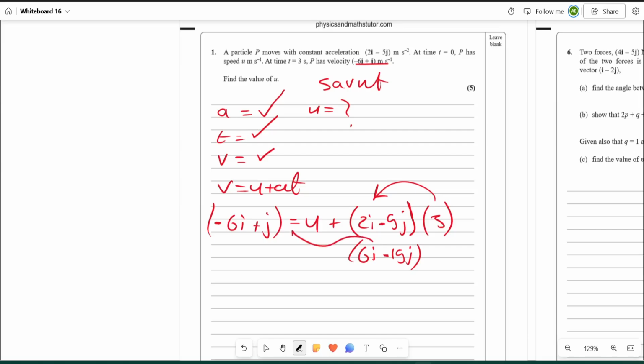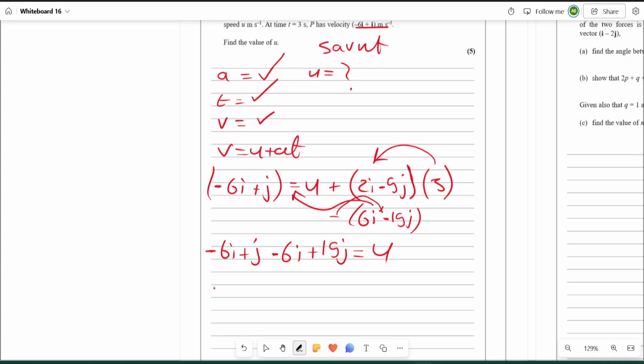I'm going to move it to the other side, so it's going to be minus 6i plus j. I move it over, so it becomes minus: minus 6i, and then minus times minus is going to be plus 15j. That's going to give me my vector u. So minus 6 minus 6 is minus 12i. 1 plus 15 is 16, so 16j. That is the u vector.